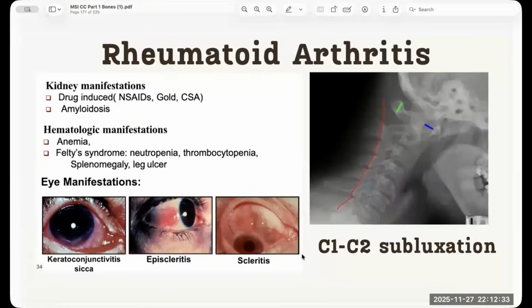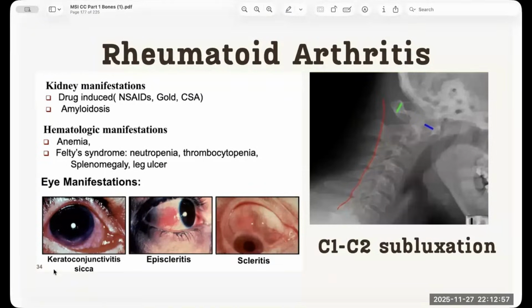manifestations that show up other than the ones we mentioned above are kidney manifestations. These usually come for those patients who are drug users. Okay, there are hematologic manifestations such as anemia, neutropenia, and so on. And there are eye manifestations.